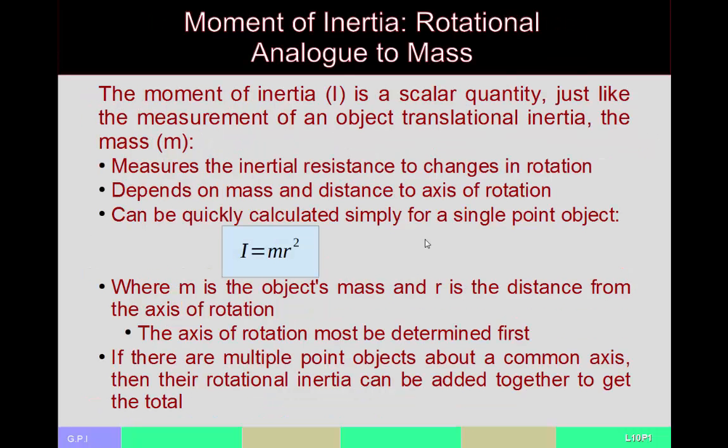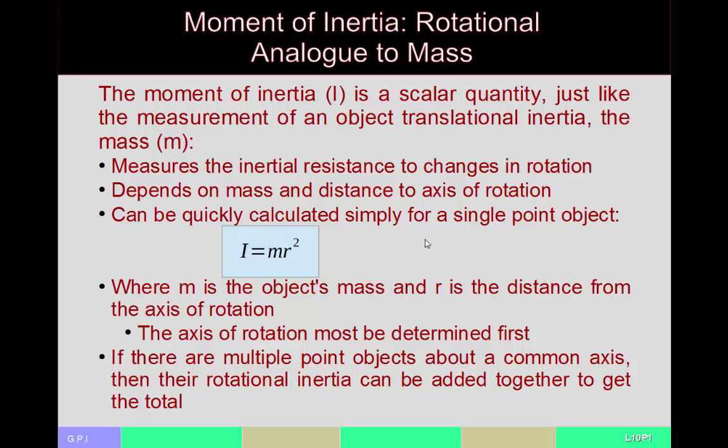The moment of inertia itself is a scalar quantity because it measures the inertia in rotational terms, as opposed to the mass, which also is a scalar quantity, but which instead measures the inertia in translational terms. You could think of both as a resistance to change in motion. The mass is a resistance to a translational acceleration. The moment of inertia is resistance to rotational acceleration.